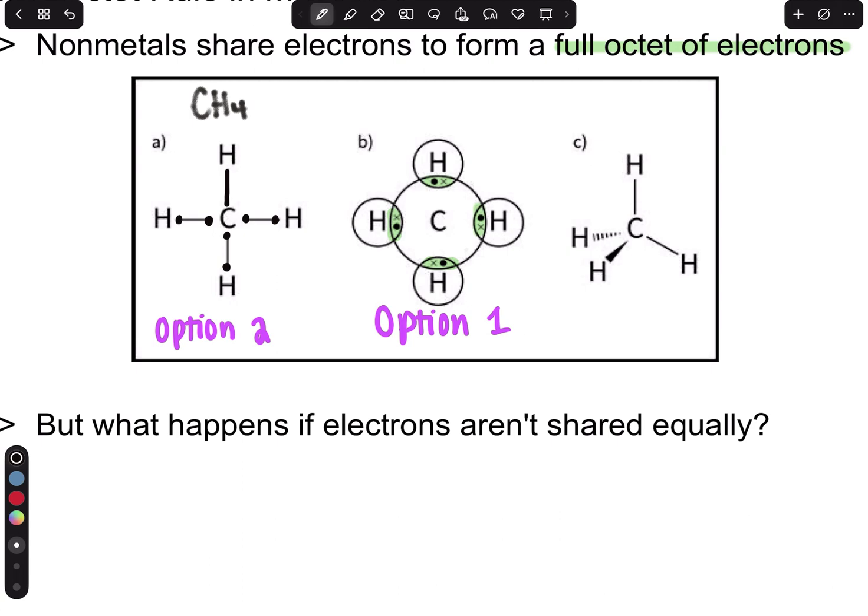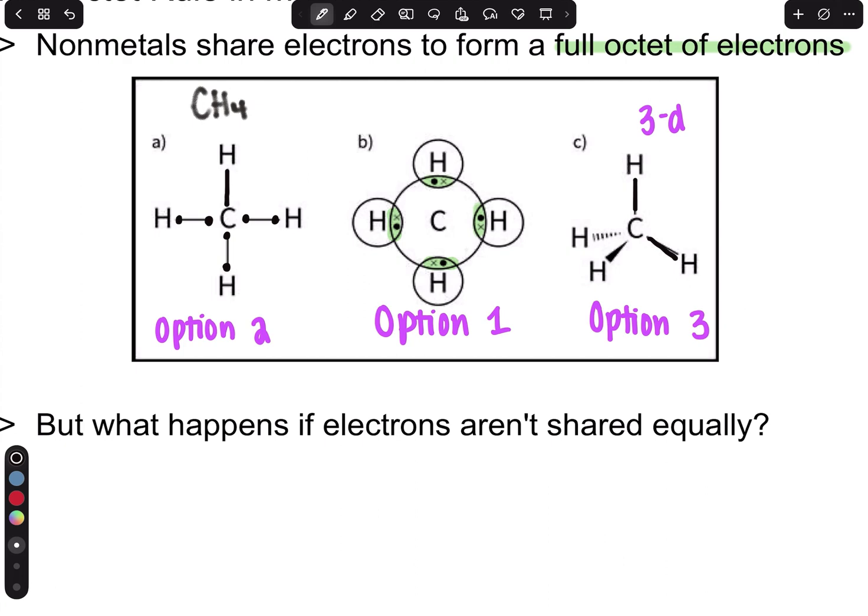Now, there's a third option that we haven't talked about just yet, but you will start to see it popping up every now and then. Option 3 is illustrated here on the right. Option 3 is simply a 3-dimensional or a 3D drawing of the molecule. What we see in option 3 is that there are some bonds, like the top one and the one to the right, that are flat on our page of paper.